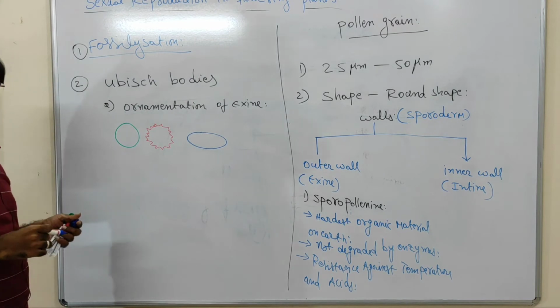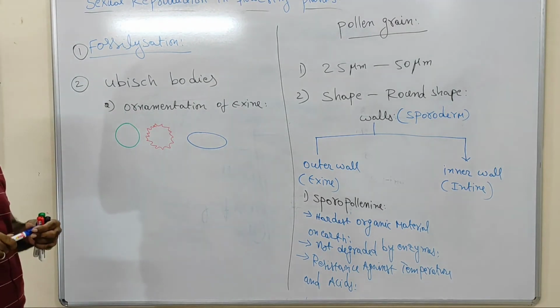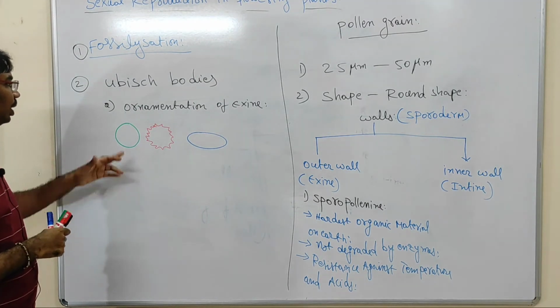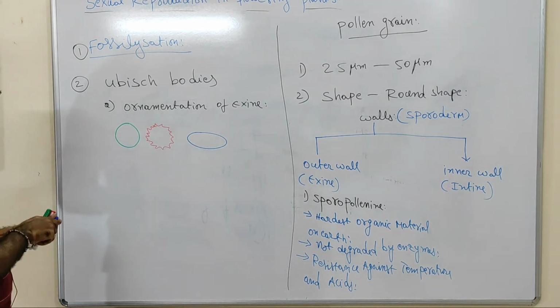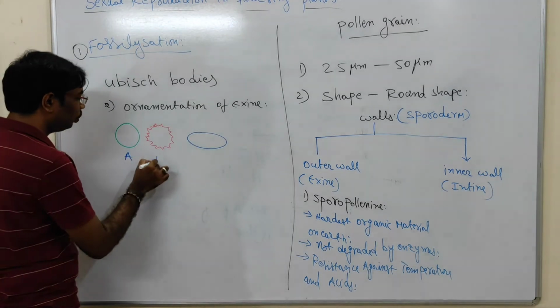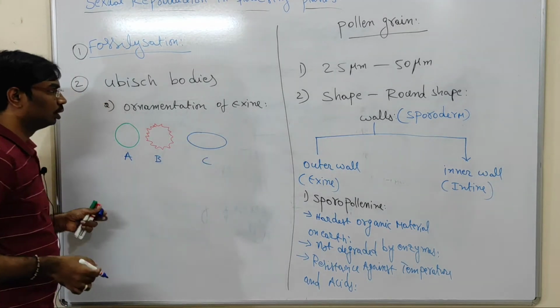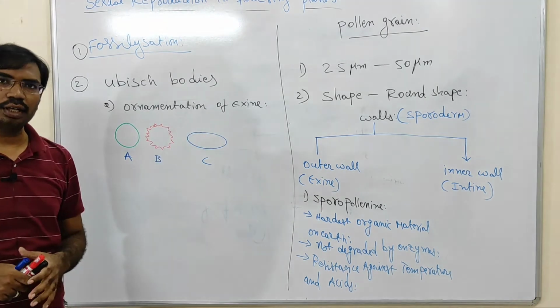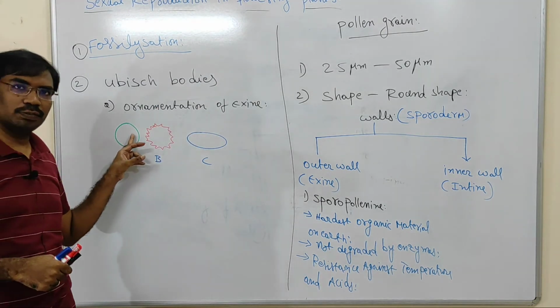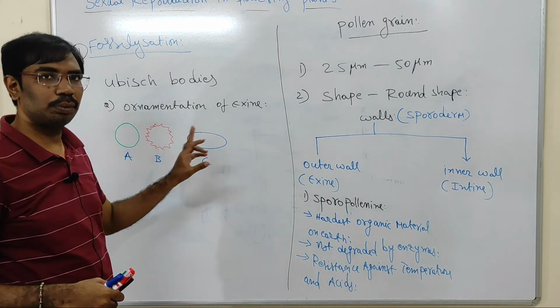So all three pollen grains have different shapes. So ornamentation on the outer surface of pollen grain A, pollen grain B and pollen grain C: do the three types of pollen grains have the same ornamentation or different ornamentation? The ornamentation of exine is different in different pollen grains.